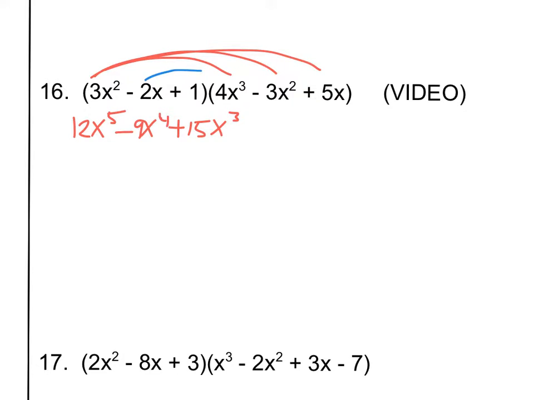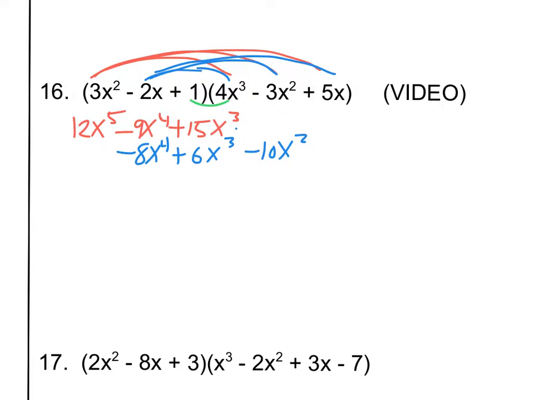Minus 2x times 4x to the 3rd is going to be minus 8x to the 4th. Minus 2x times minus 3x squared is going to be plus 6x to the 3rd. Minus 2x times 5x is minus 10x squared.